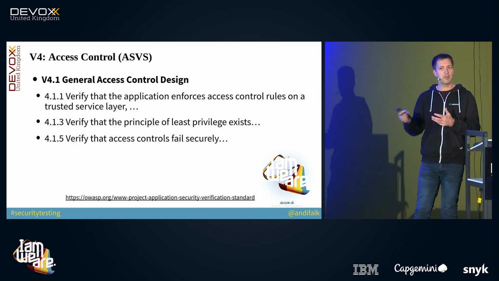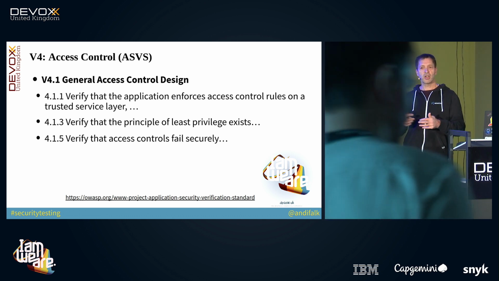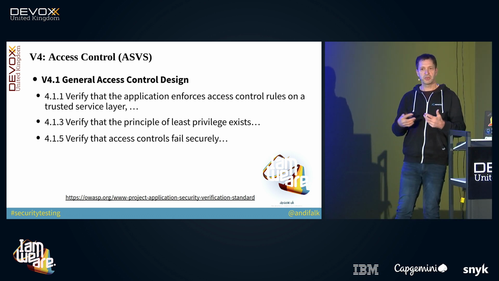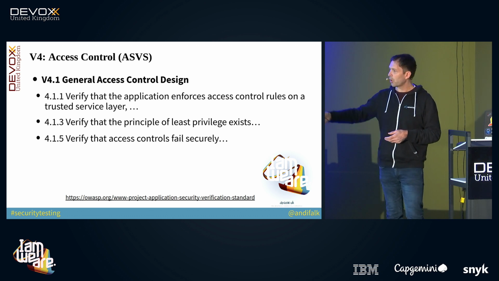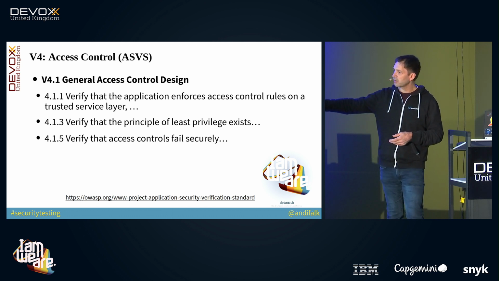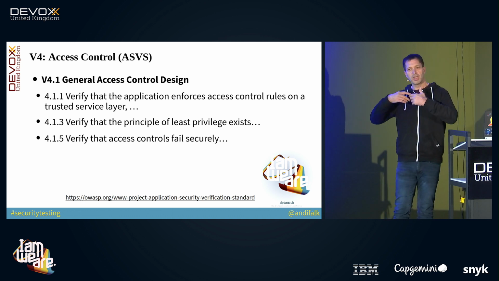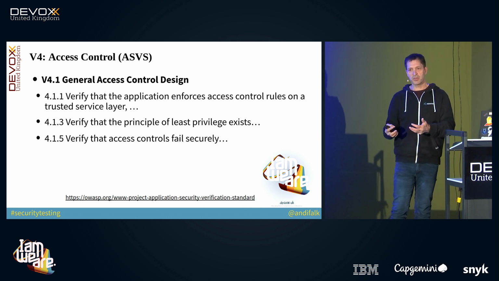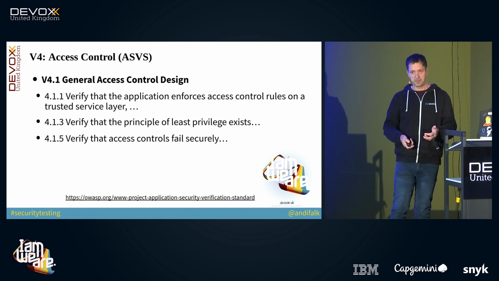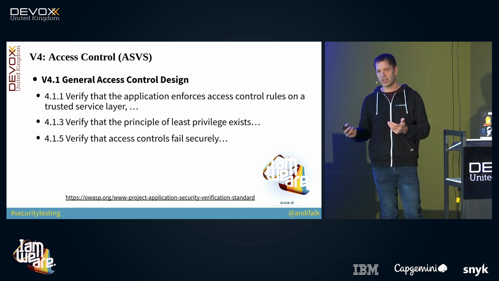So in case of any error that happens to your application, don't allow all users to come into your application by accident. This can be checked, for example, with load testing. If you have really high load on your application, then your access control still should not fail. It should deny all users in case of an error.